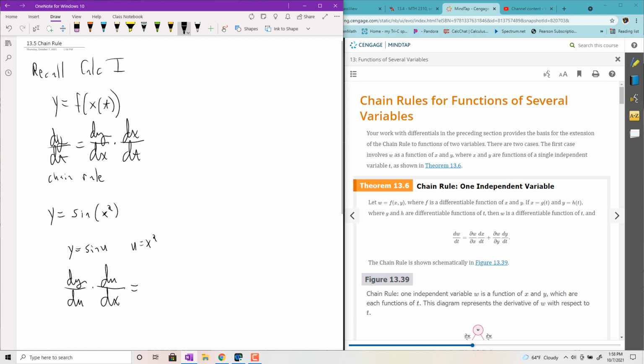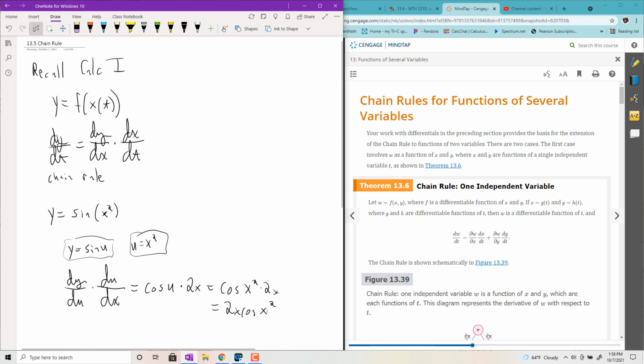So the derivative of y with respect to u is cosine of u, times the derivative of u with respect to x, which is 2x. Then back substituting u, you get cosine of x squared times 2x, which is 2x times cosine of x squared.